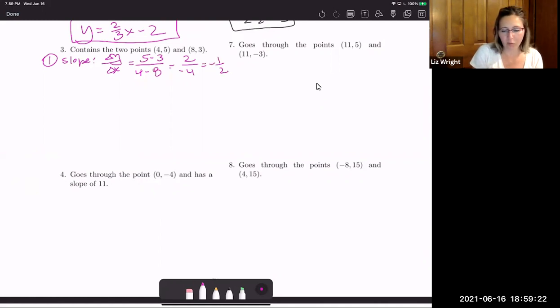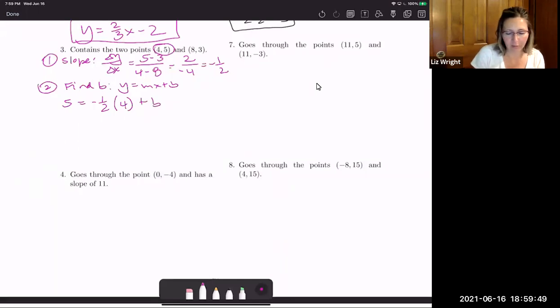And again, it really does not matter which one you choose. So I'm going to find the y-intercept. So I'm plugging it in for y. Again, y equals mx plus b. So my y at this time is going to be 5 equals my m is negative 1/2, my x is 4, plus b.